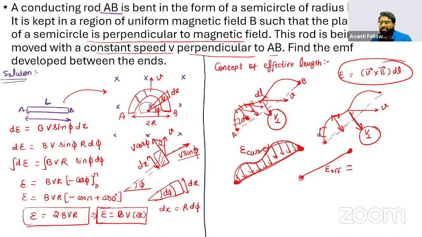So E effective is nothing but, ठीक है, V vector cross B vector integration of dl, and this integration of dl vector is nothing but the connection of points, the distance between, or the displacement vector. It is nothing but the displacement vector.